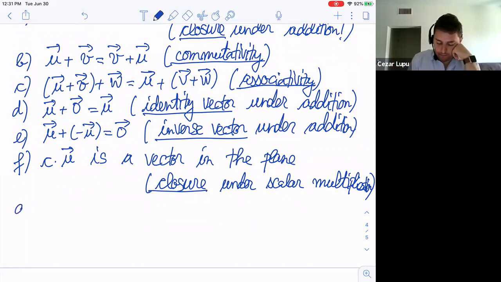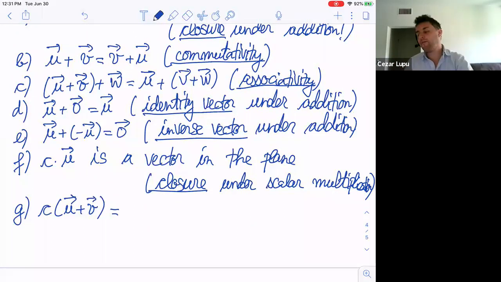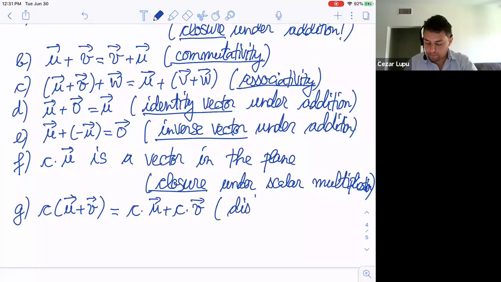Now let's see some other properties. What happens when we have a scalar c, and we add two vectors, and we multiply them by the scalar c? We have this so-called distributivity. This is nothing else than multiplying the scalar c by the vector u, and then adding c times the vector v.